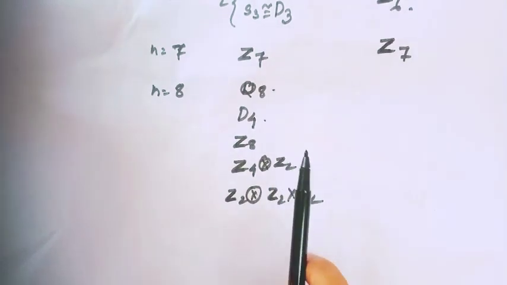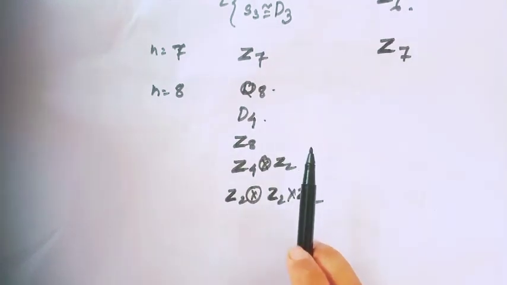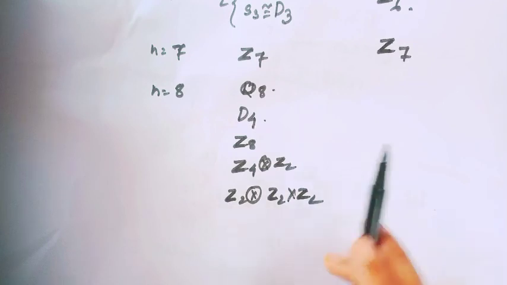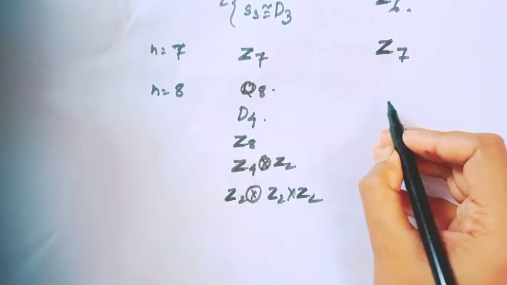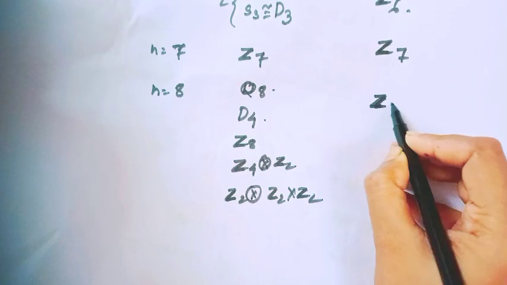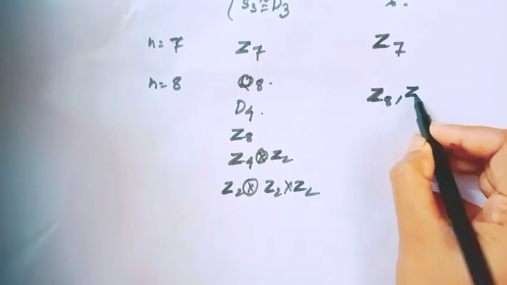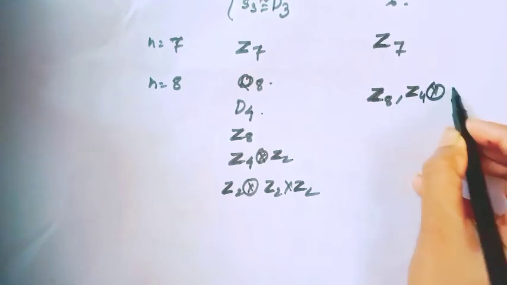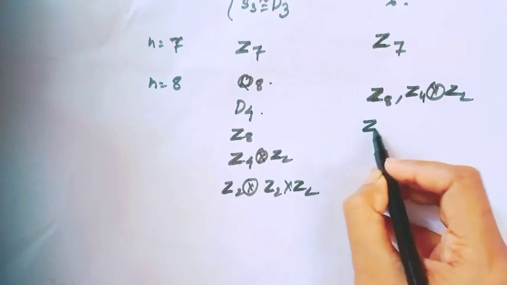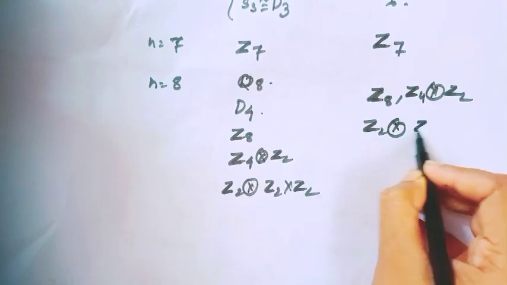There are 5 non-isomorphic groups of order 8 and only 3 abelian groups: Z8, Z4 direct product Z2 and Z2 direct product Z2 direct product Z2. Are we getting?